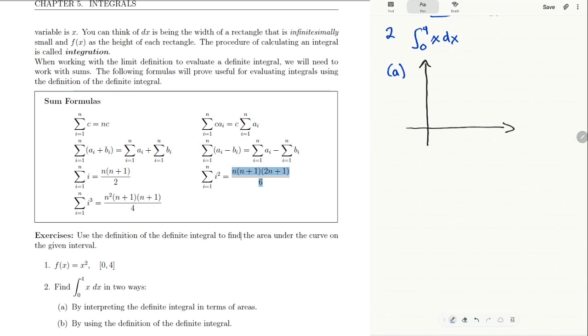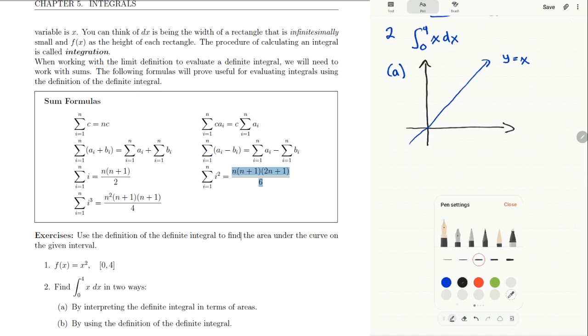So the function y equals x is a straight line through the origin, which has a slope of 1. And we're interested in the area underneath the curve from 0 to 4.